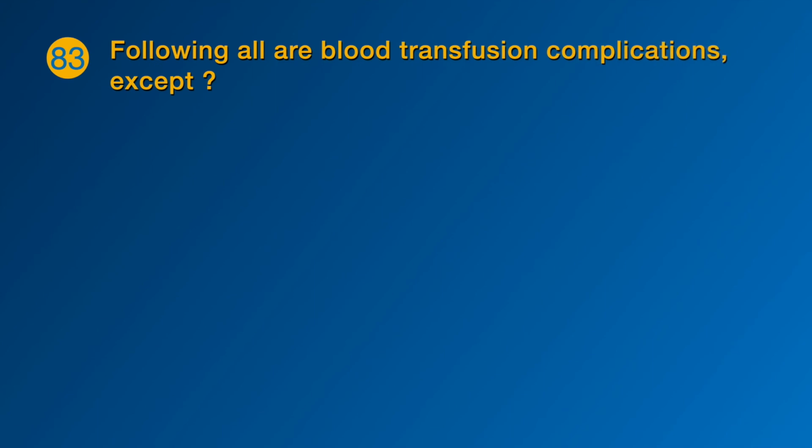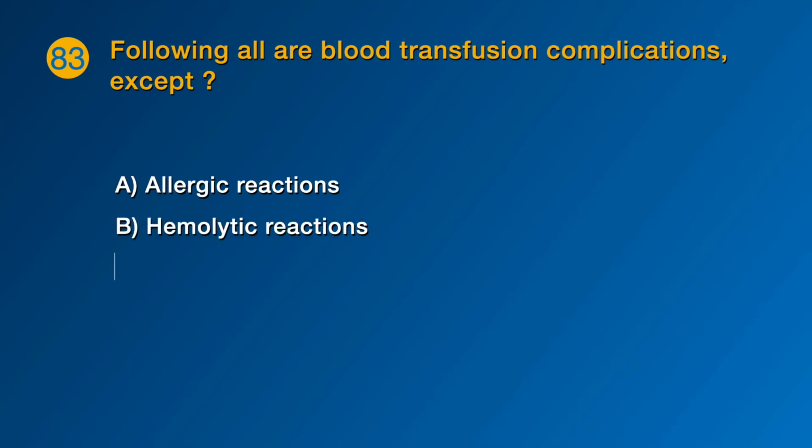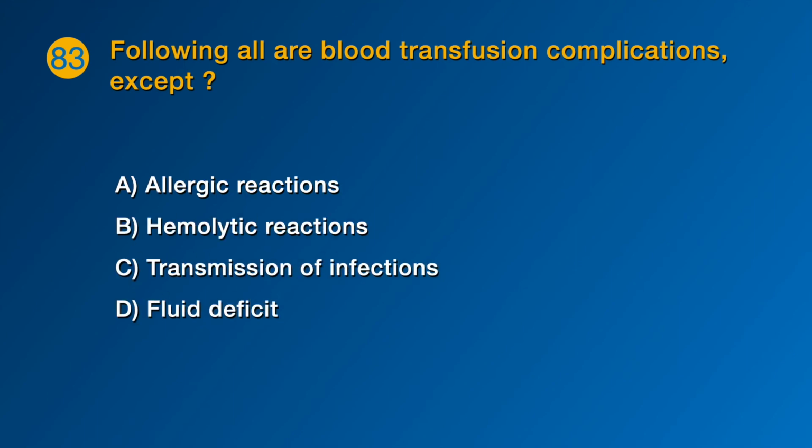Next question is, following all are blood transfusion complications except. Options are allergic reactions, hemolytic reactions, transmission of infections, fluid deficit. So answer is D. Fluid deficit. Allergic reactions, hemolytic reactions and transmission of infections are blood transfusion complications, but fluid deficit is not a blood transfusion complication.